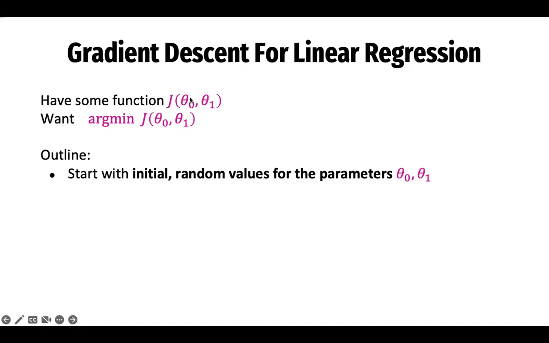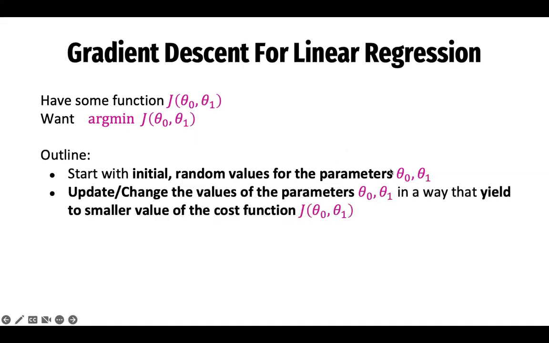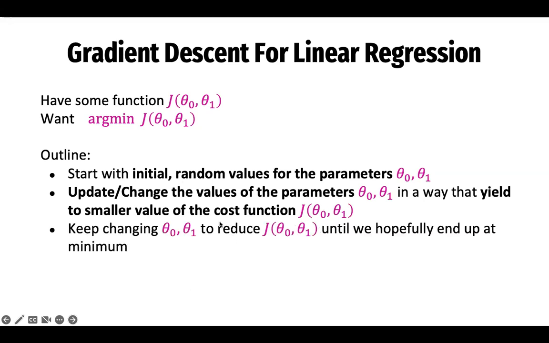So we can start with values of 0 for all of our weights, or we can assign random weights for theta 0 and theta 1. Okay, and now we update or change the values of these parameters in a way that yields a smaller value of the cost function J. And we will keep on updating theta 0 and theta 1 to reduce or minimize the cost function until we hopefully end at the minimum.